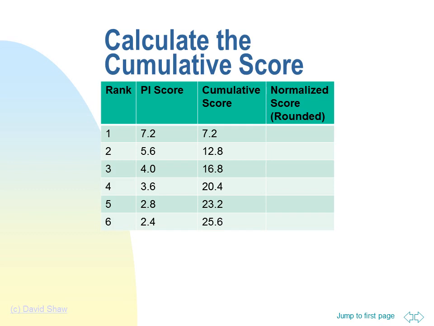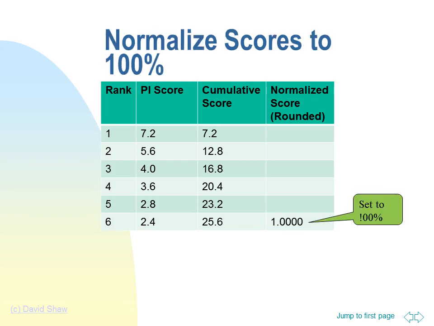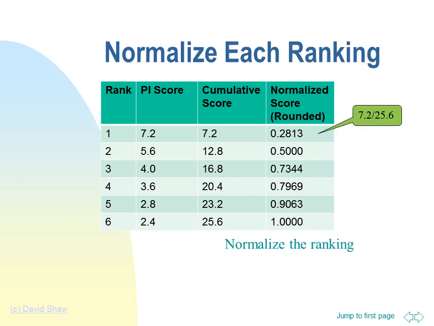Now we need to normalize the scores. To normalize the scores, we set the highest cumulative score to equal 1 or 100%. Then we can normalize each ranking as a percentage of the highest ranking. The 7.2 divided by 25.6 gives us 28%.